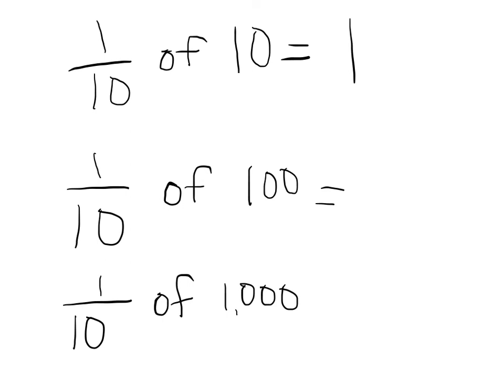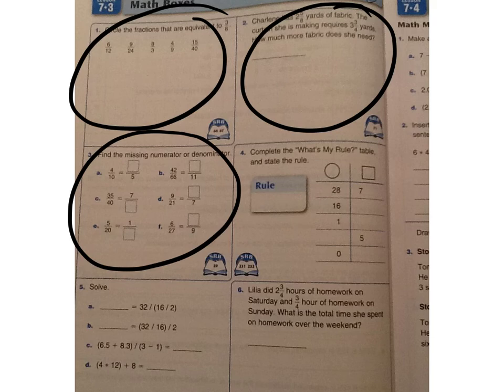So if we had 100, and we put it into 10 groups, how many in each group? 10 times 10 is 100. If we're talking about one of those groups, that is going to give us an answer of 10. If we're looking at 1,000, 1,000 divided by 10 is going to be 100. If we're looking at one group, that is 100. So another, our brains thinking and going.